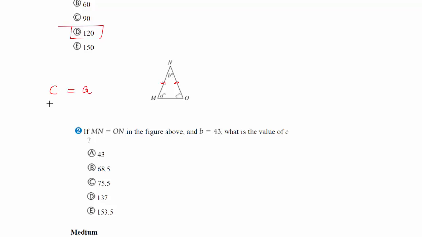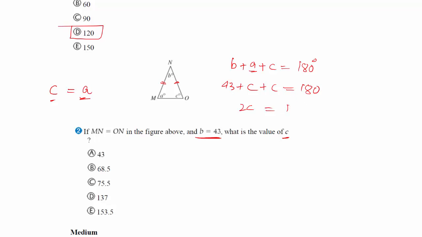So we can write C equals A, and we're given that B is 43. So B plus A plus C has to be 180. B is 43, plus we have to calculate the value of C, so we can plug in C for A because A is equal to C. So we have C plus C, which is 2C, equals 180 minus 43.